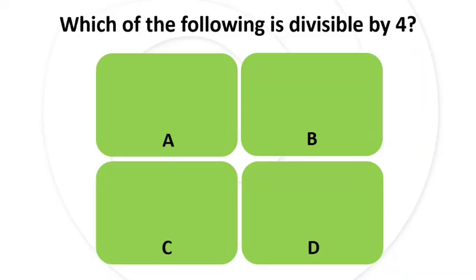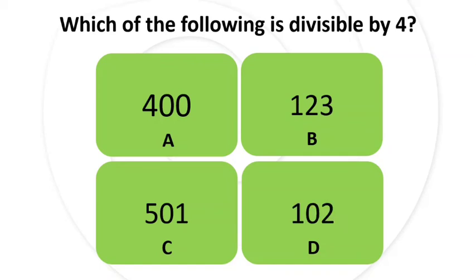Which of the following is divisible by 4? 400, 123, 501, 102.